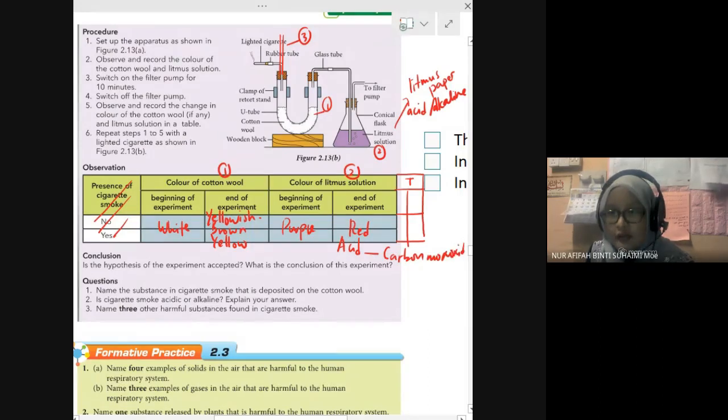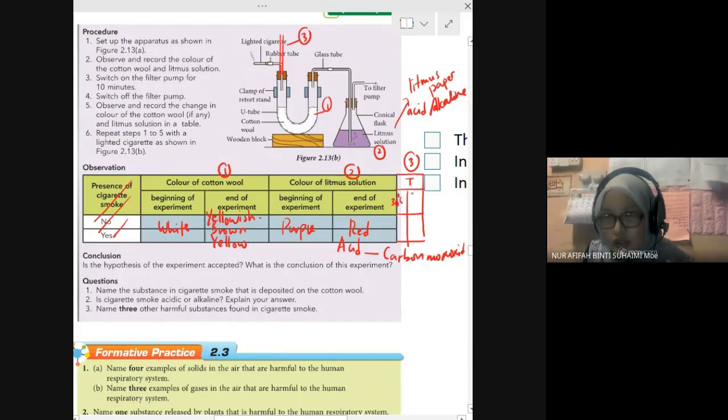Okay, contains acidic substance. For number 3, temperature, if you put a thermometer here, what happened? Before the experiment, the temperature equals the lab temperature, maybe 28 to 30 degrees Celsius.